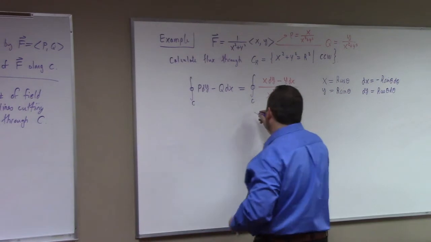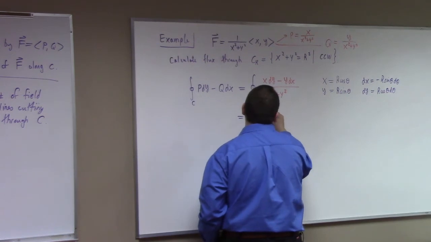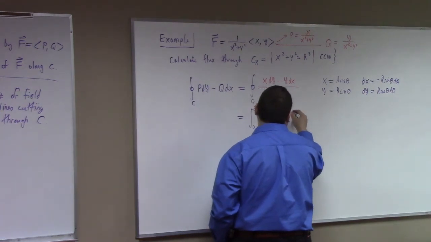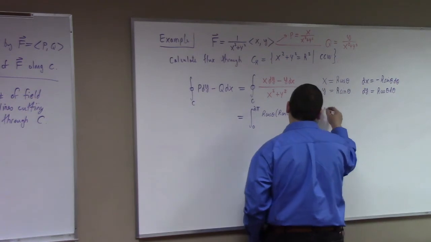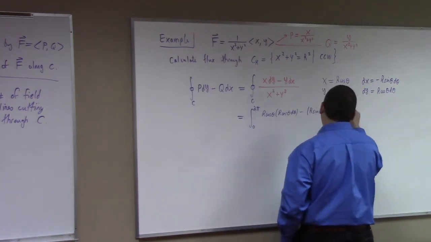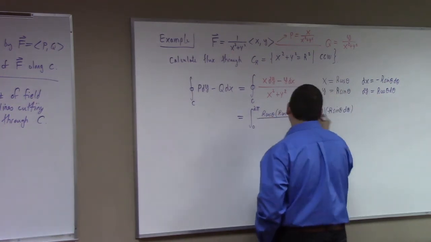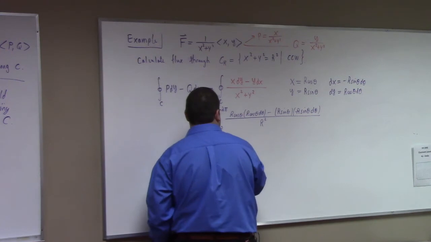So what we got here is the integral from 0 to 2 pi of r cosine theta d theta, minus r sine theta times minus r sine theta d theta, over x squared plus y squared, also known as r squared. So what we got?